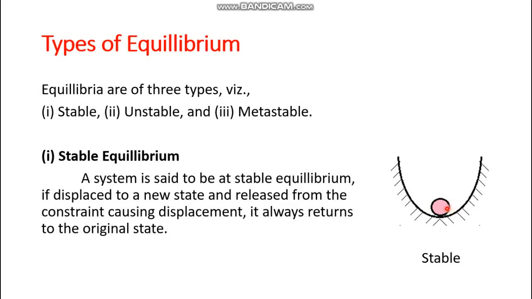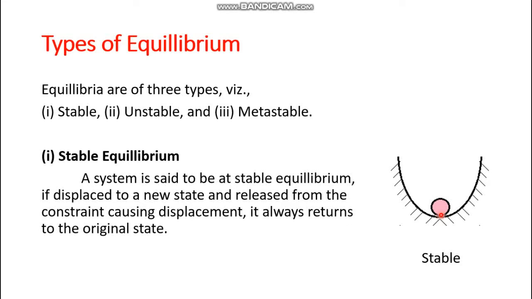If you try to move the ball by applying some force or constraint, it will change its position initially, but it will come back to its initial position when this force is removed. It is a very stable position where it is not possible to dislodge this ball from this position.